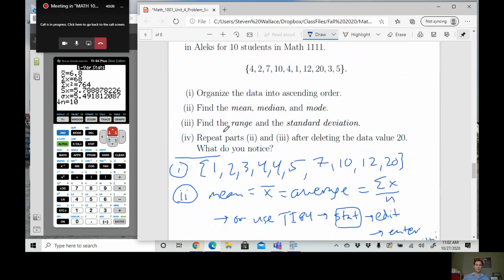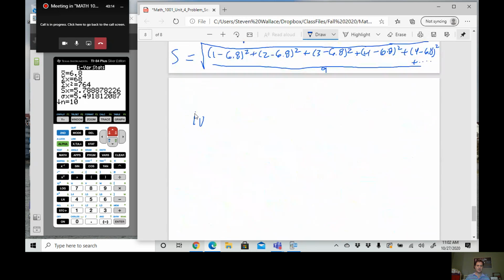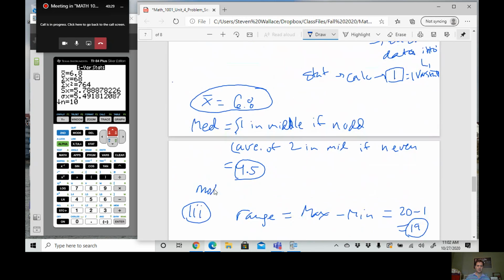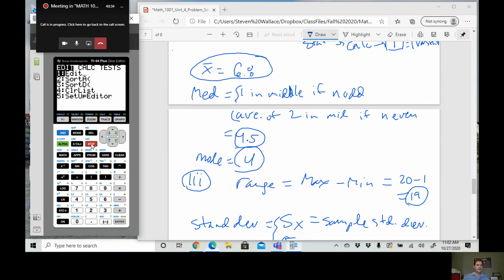Part 4 asks, what if we deleted the data value 20? Oh, I didn't get the mode. Sorry. Up here, the mode is the most frequent. Here, if I take stat edit and take away the data value 20, delete 20, now I have only 9 data values.